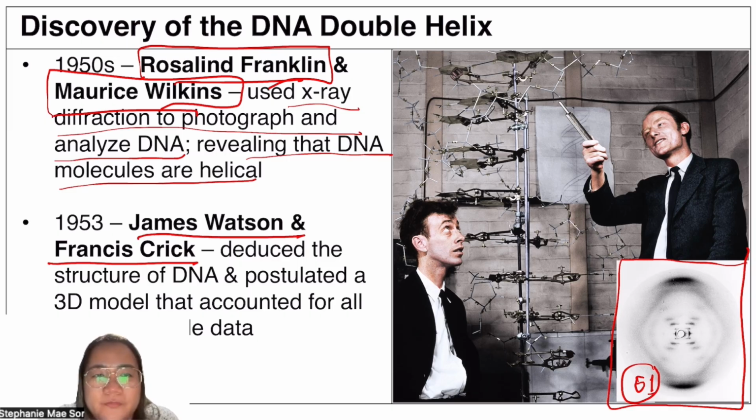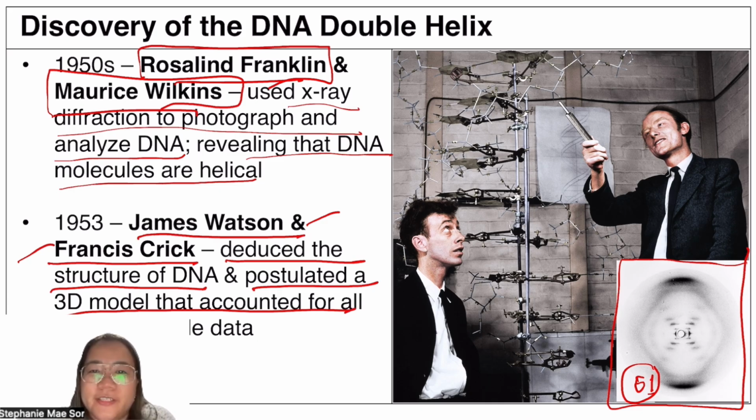So, si Rosalind Franklin and si Maurice Wilkins yung nakakuha ng photographic evidence that the DNA is a helical molecule. Pero, si James Watson and Francis Crick are actually the ones credited for deducing the structure of the DNA and postulating a 3D model that accounted for all of the available data at the time. So if tinanong ka sa discovery ng DNA double helix, kung sino yung nag-propose ng structure ng DNA double helix, you answer James Watson and Francis Crick.